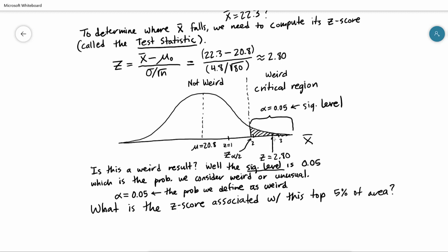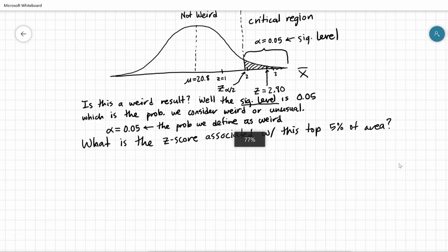But if it occurs on this side over here, it's far enough away that I consider it weird. And so if I can find this number, that'll be how we define weird. And if this number, our test statistic, winds up being bigger than this number, the critical value, it'll be a weird result. So let's see if we can find that number.